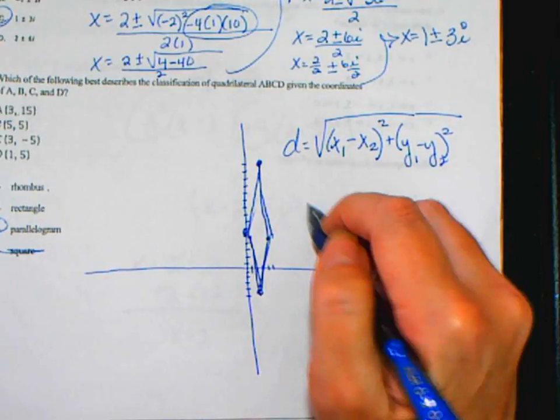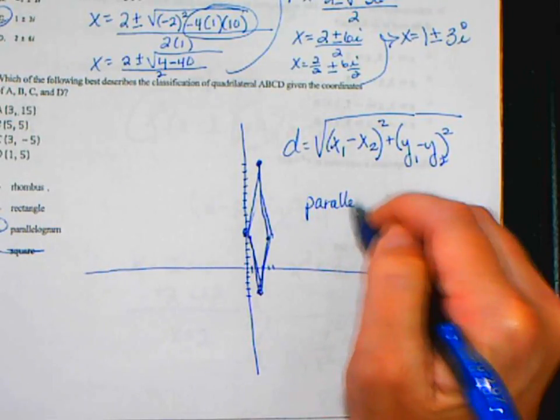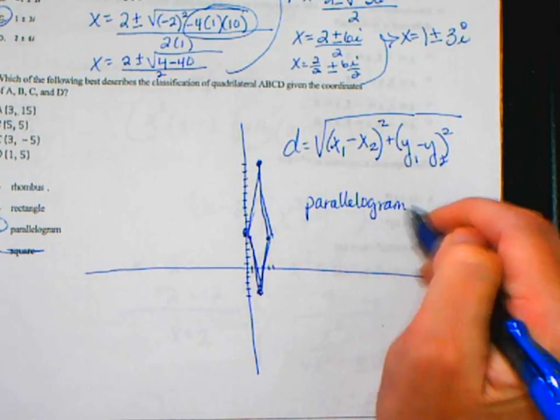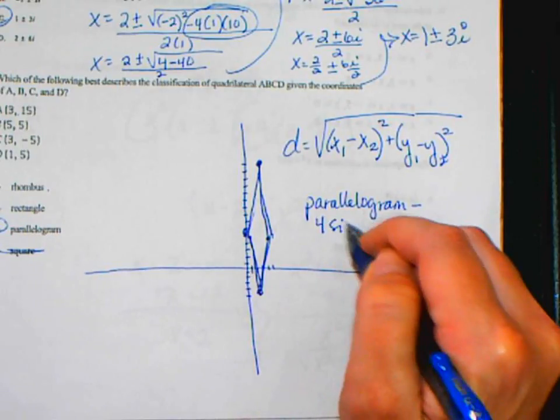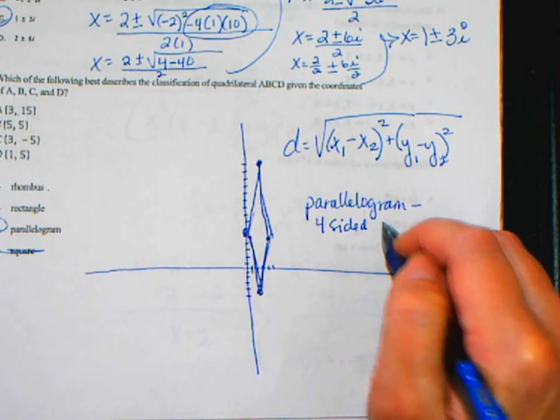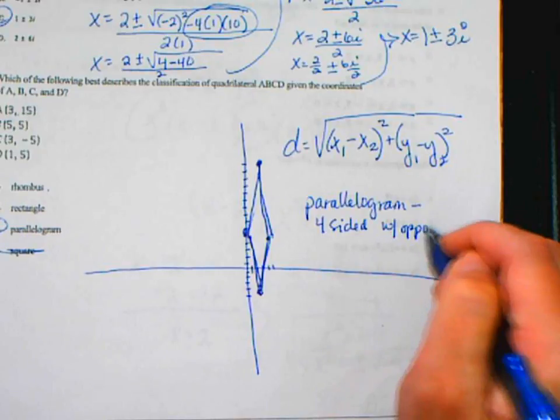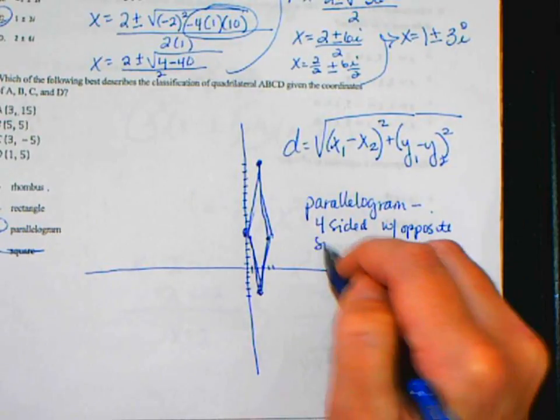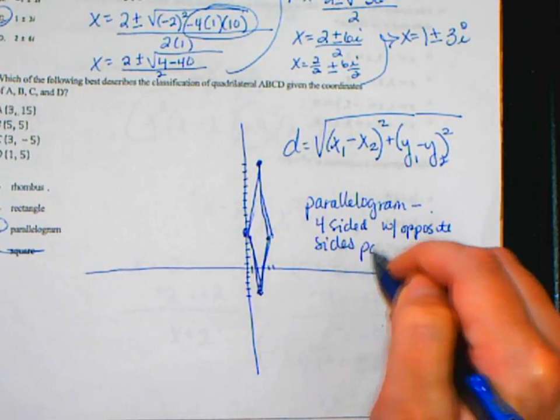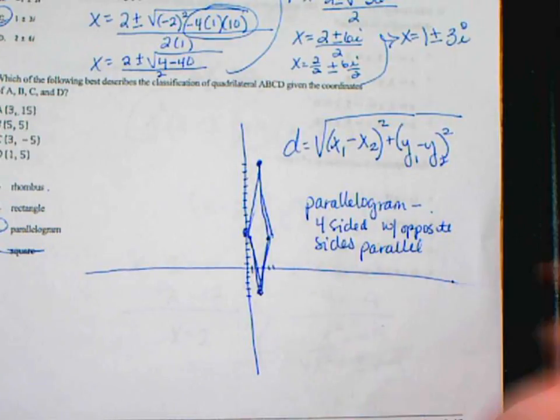Okay? A parallelogram is 4-sided with opposite sides parallel. And it doesn't say they have to be equal, it just says opposite sides are parallel.